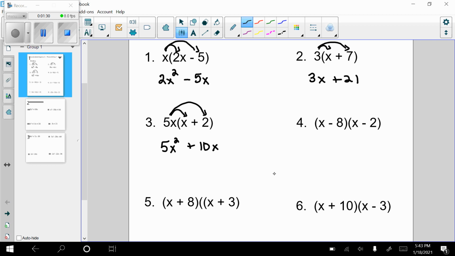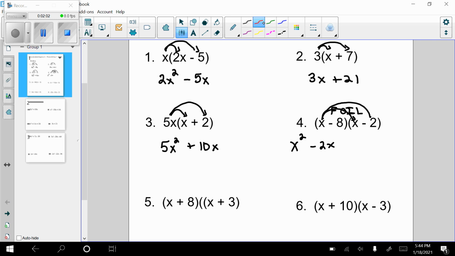Over here, we're multiplying two binomials. So hopefully you remember this term FOIL, for first, outside, inside, last. So basically, it's just the distributive property. I'm taking x times x, which is x squared. And then I go to my outside, which is x times negative 2, which is negative 2x.